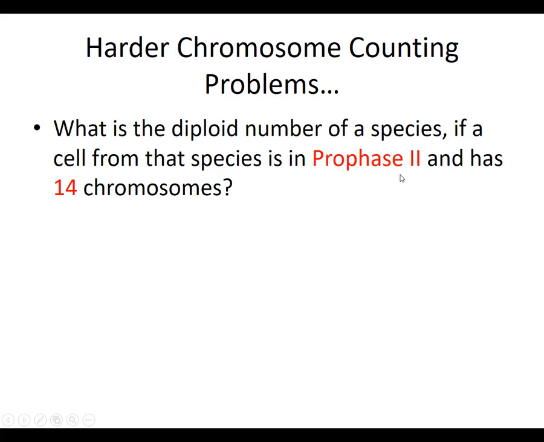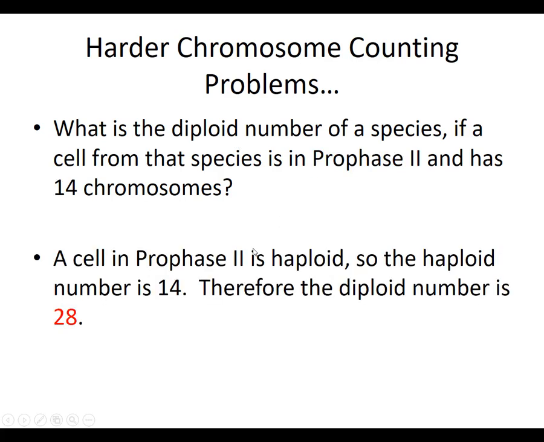Well, the trick here is that prophase 2 is a haploid cell. In meiosis, by the end of telophase 1, each cell is haploid. So when you go into prophase 2, the cell is still haploid. So if 14 chromosomes are in a haploid cell, what would be the number of chromosomes in a diploid cell? 28.